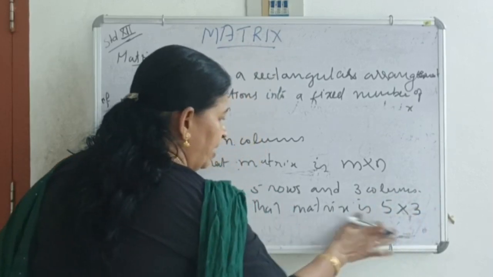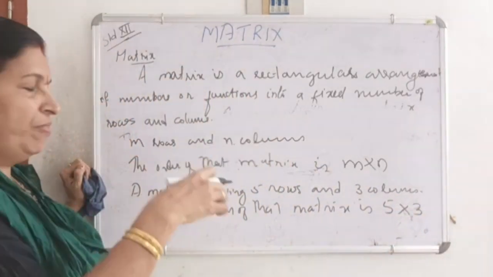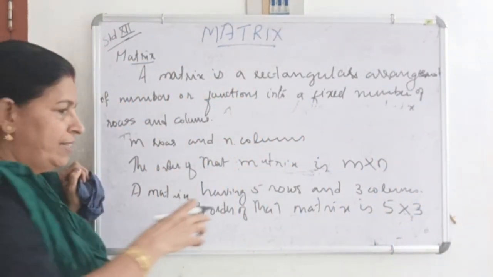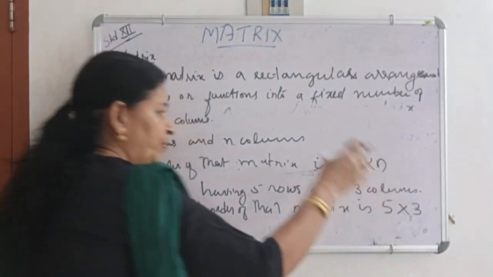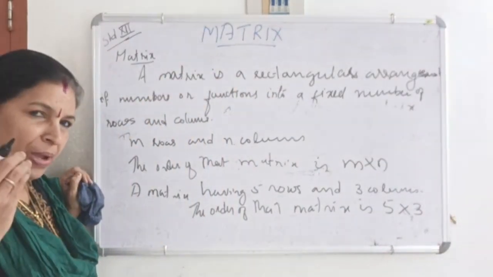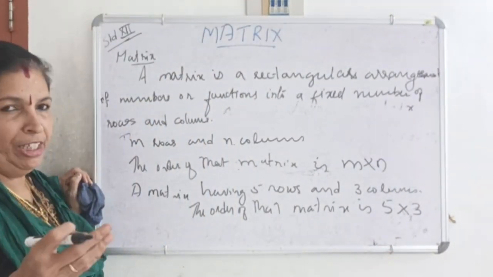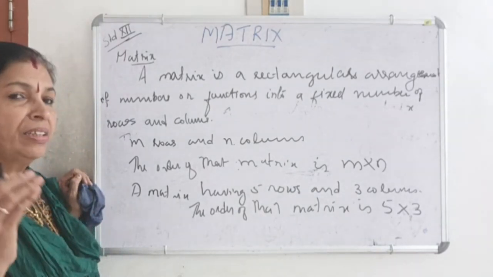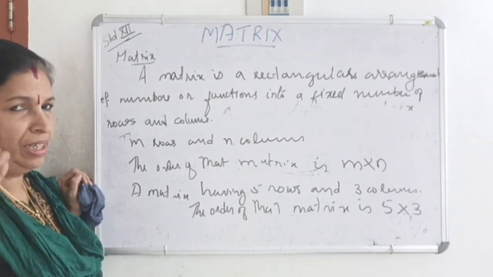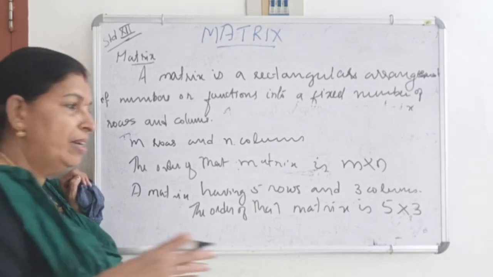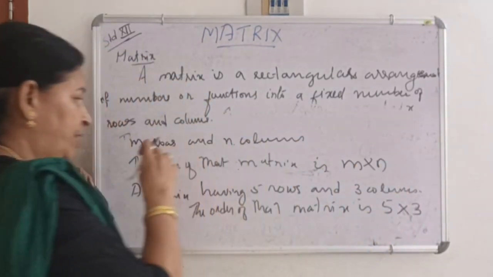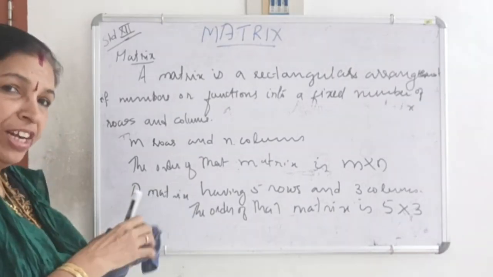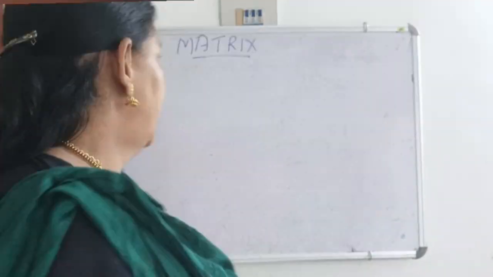We write this as 5 into 3, but we read it as 5 by 3. So if the order of a matrix is 5 by 3, that means the matrix has 5 rows and 3 columns. Then we can study different types of matrices.